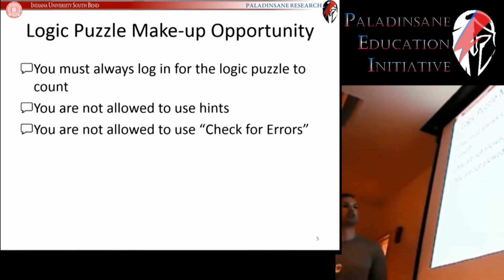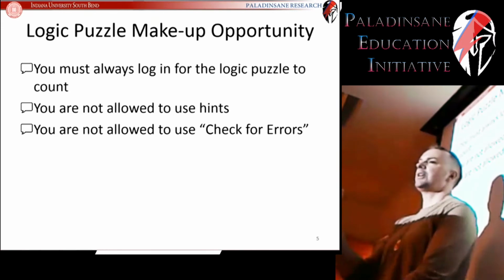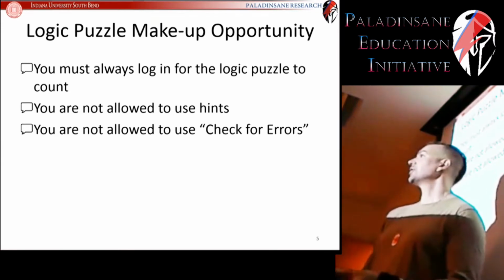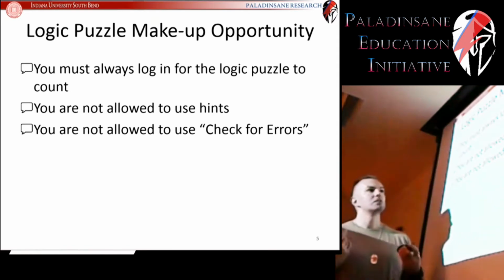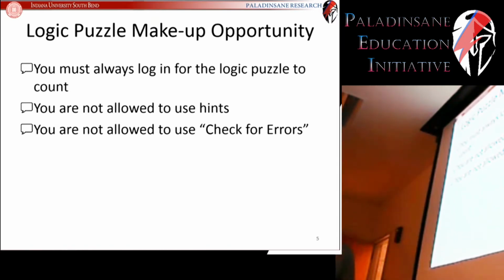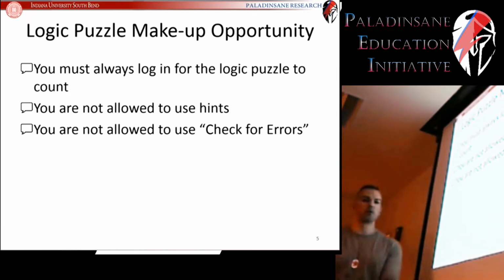You can also click check for errors, and it'll show you the boxes that you have incorrect, i.e. it'll show you the correct answer. It's either yes, this box is checked, or no, this box is an X. So the check for errors will let you know if you're doing things incorrectly as well. And again, you can just game these two systems and not have to use any deductive reasoning to solve your entire puzzle. So that's why we're not allowing them for your bonus points.